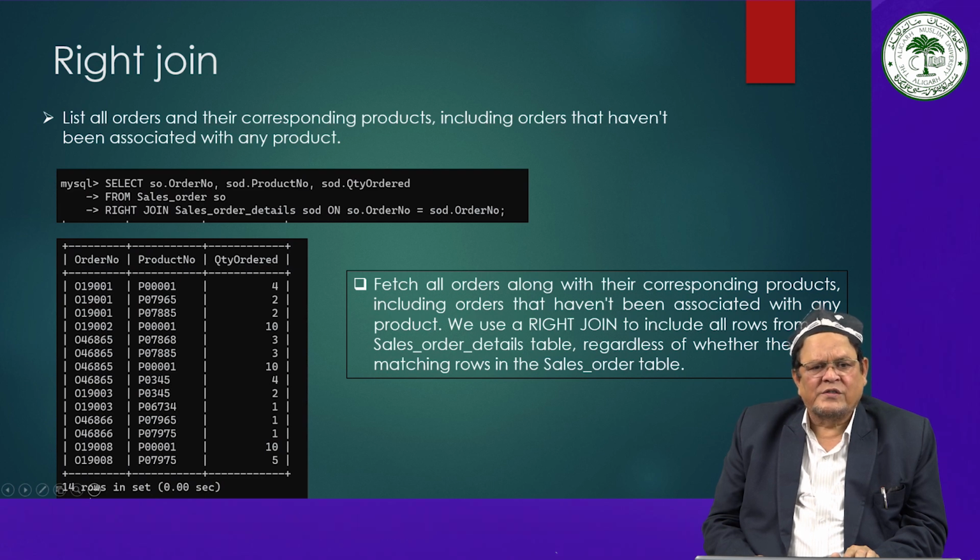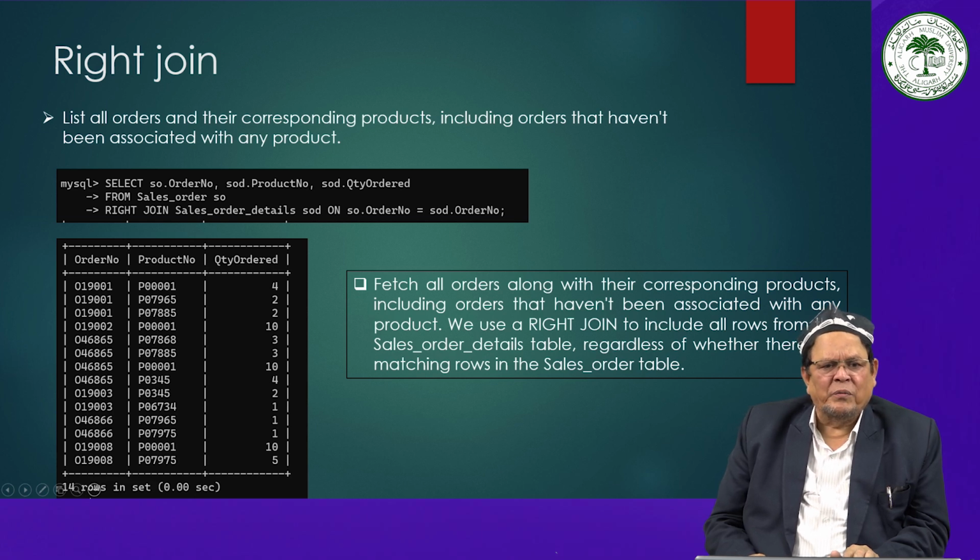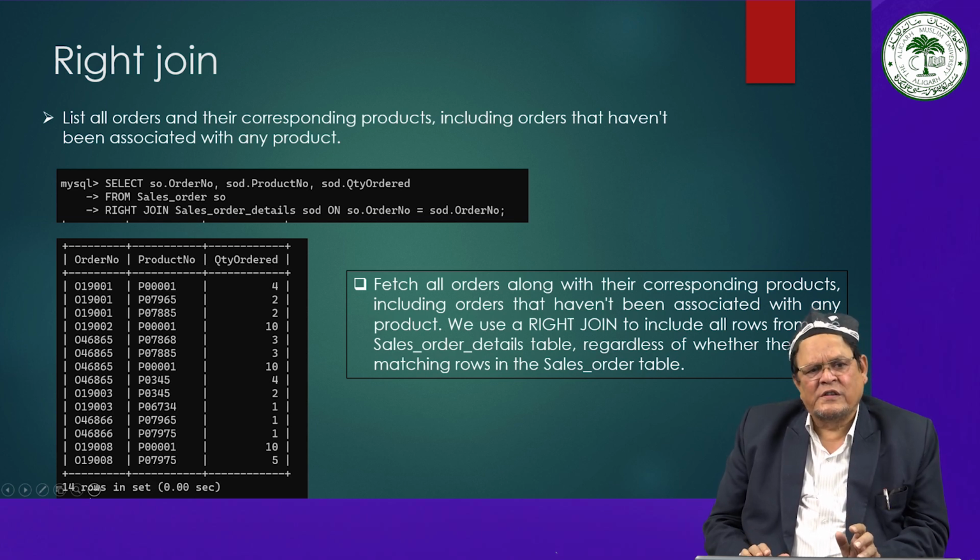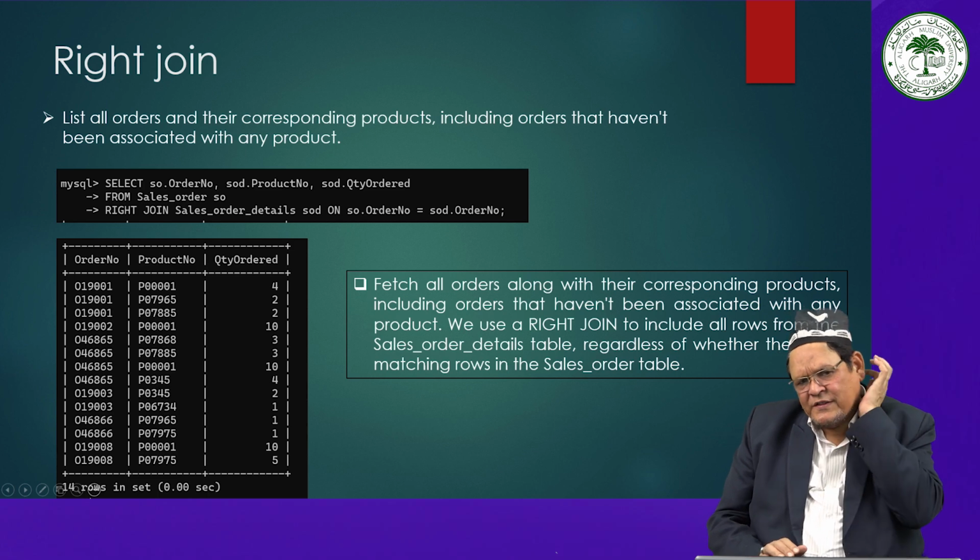Now the right join. List all orders and their corresponding products, including orders that have not been associated with any product. This is a query, I have taken one example.